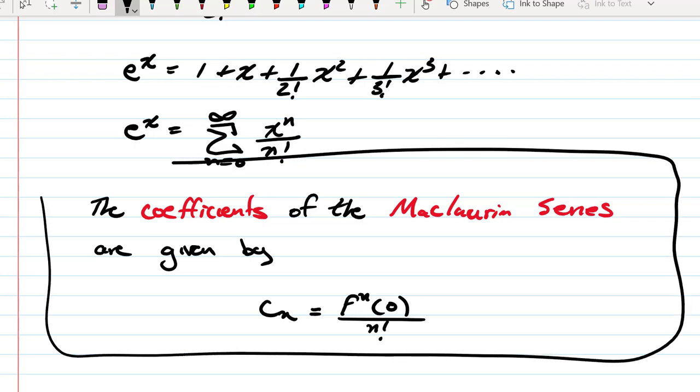And we can use this to come up with the c sub n for any series.